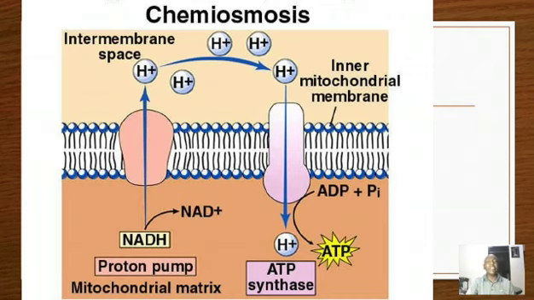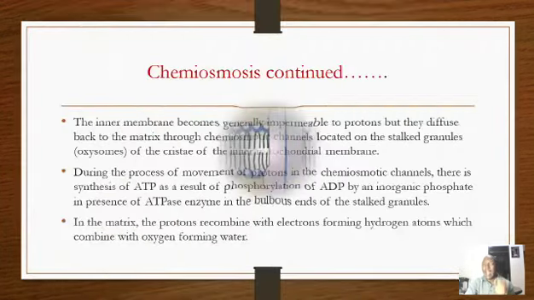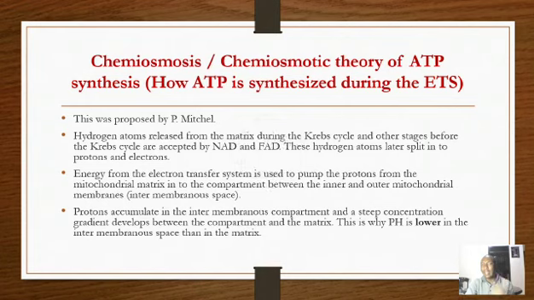The NADH2 splits into NAD and the hydrogen atoms that later split into hydrogen ions and electrons. Meaning at this stage in the matrix, we are having hydrogen ions or protons, and we are also having electrons in the matrix.